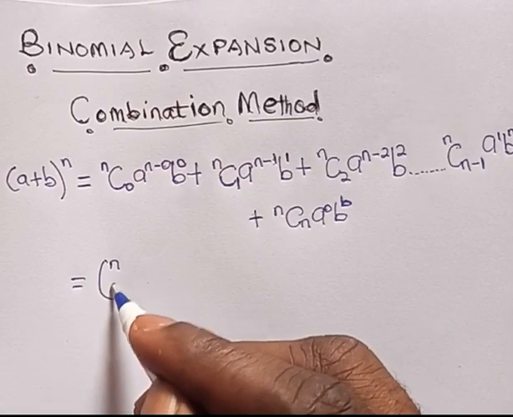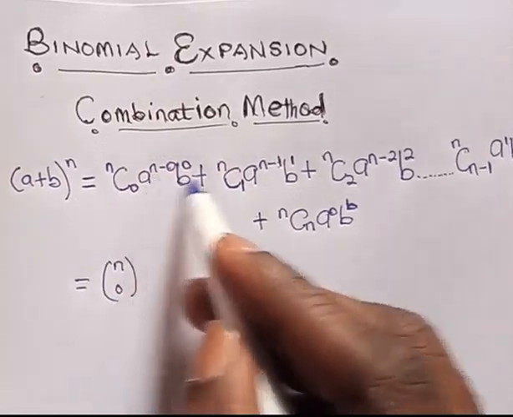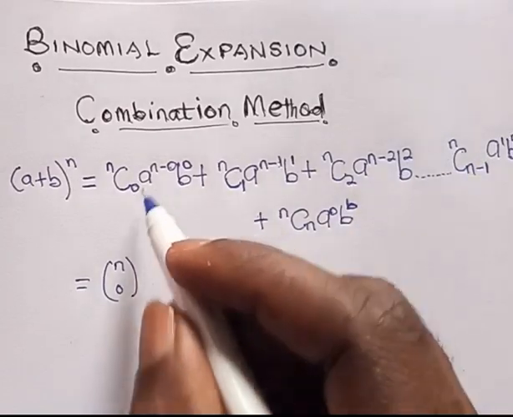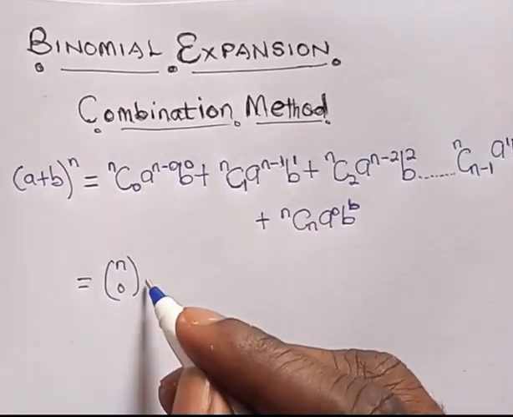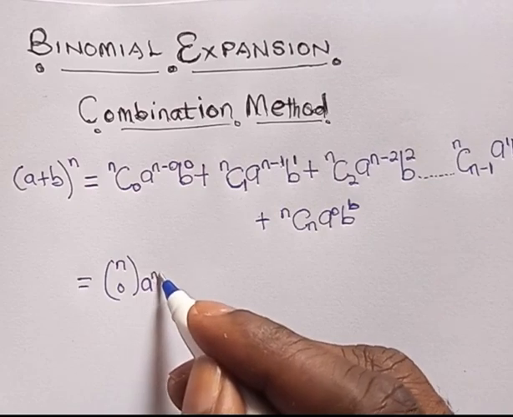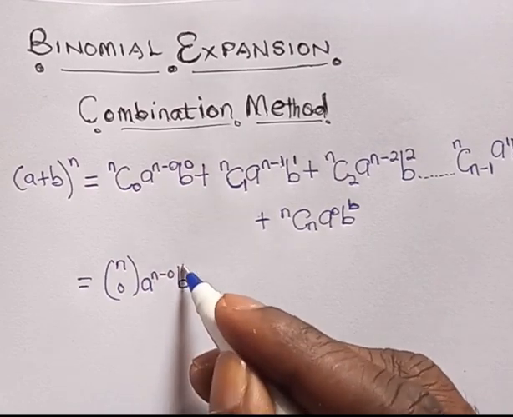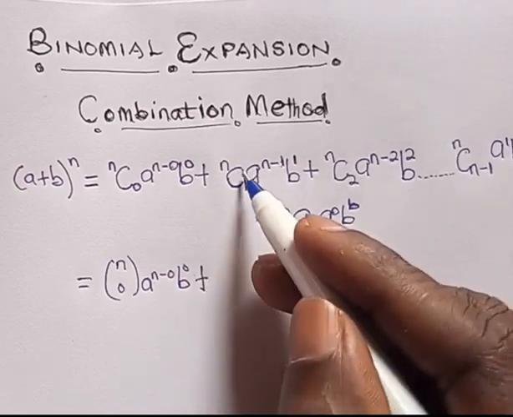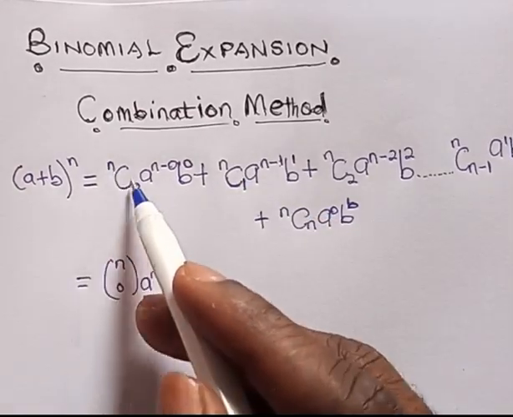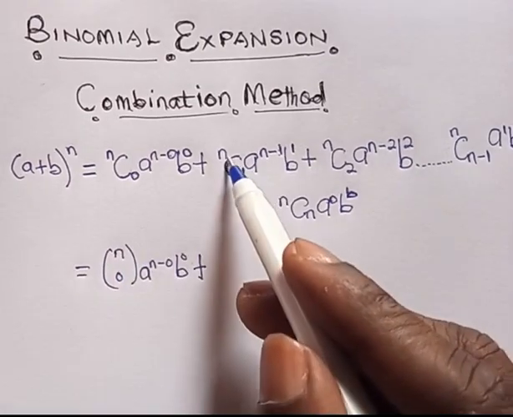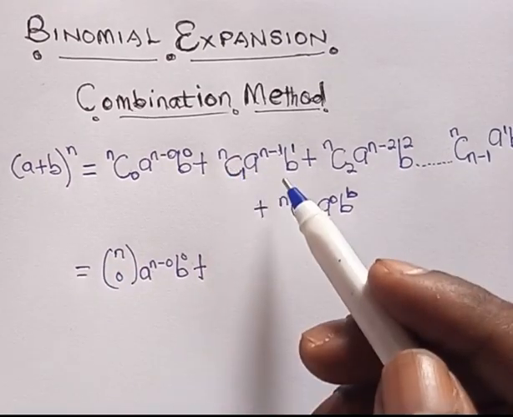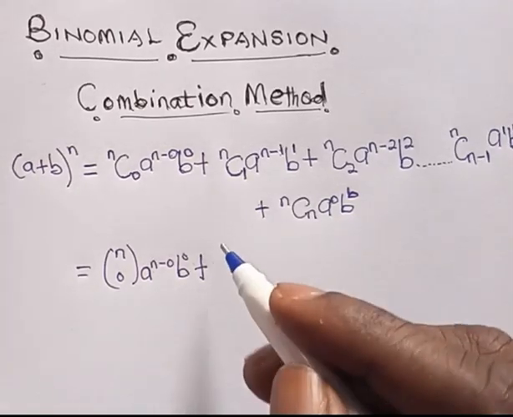So we can also write it as this: n and then 0 here. Then we repeat what is here. As for this one, it doesn't change. So we have a exponent n minus 0, b exponent 0, plus. Once the first one is written in this form, what do you think the second one will be? I know it will be simple for you. So let's move on.